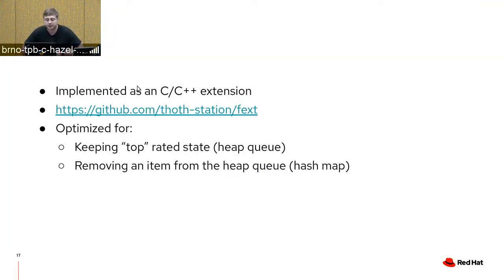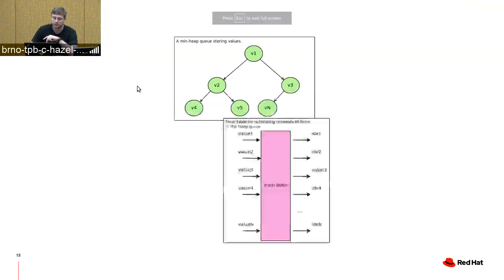This data structure is optimized for keeping top-rated states, in which case a heap queue is utilized, and this heap queue tightly cooperates with a hash map, which is used to optimize removals of items, or removals of states, that are kept in this heap queue.